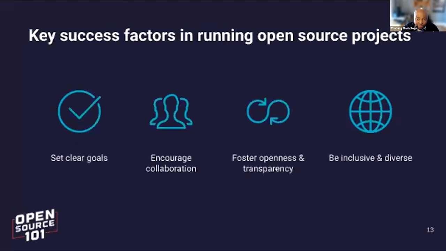Then, and this is if it's in line with your goals and objectives, it's really important to encourage and foster collaboration, support people collaborating, and make it easy for them to co-create value and share knowledge and intellectual property. You've also got to make it open to all. And this is the key learning, certainly from my time at the Eclipse Foundation, that it's critical to provide the same opportunity for everyone to participate.